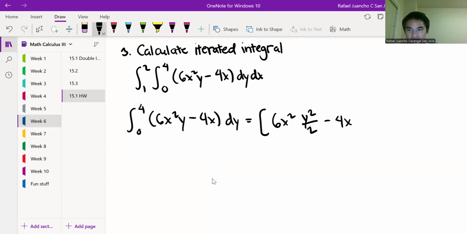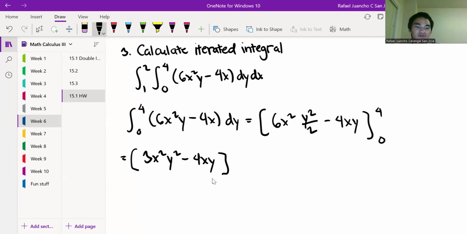I leave that be. Or actually, in this case, since this is a number, I add a y there, right? This is from 0 to 4. And then I could simplify this even more. I could say this is 3x squared y squared minus 4xy.